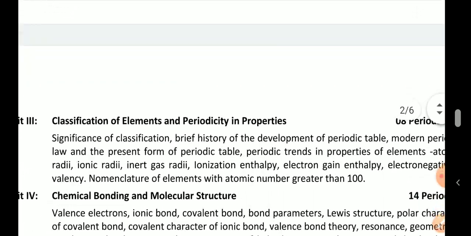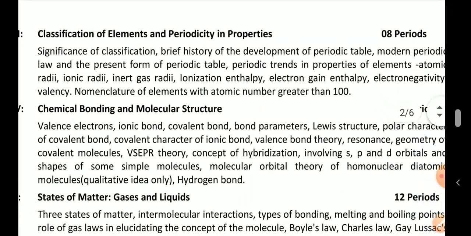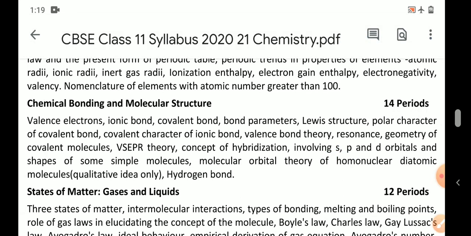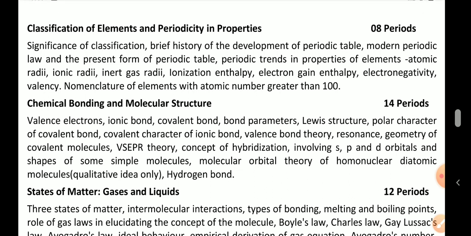Okay, now come to the third unit, that is classification of elements and periodicity in properties. This chapter is new for you, but this is a very interesting chapter.